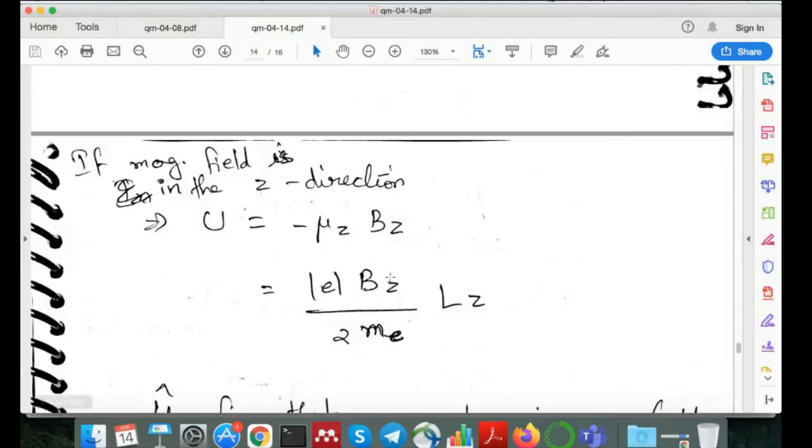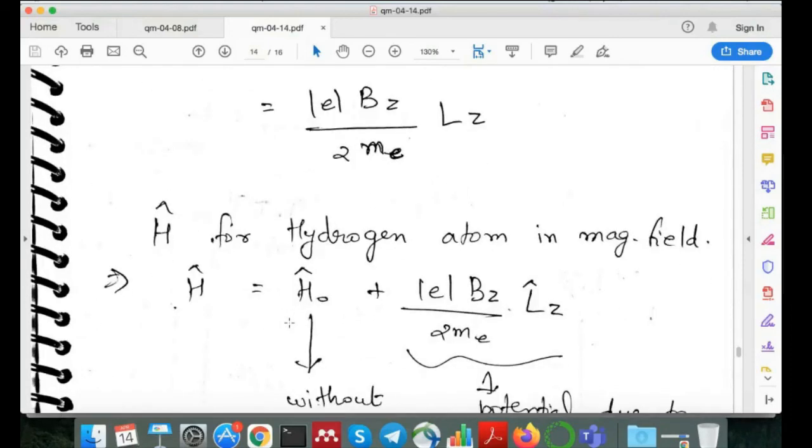Now this is your potential, which means that in your Hamiltonian, minus h cross square by 2m del square plus V, wherever that V part is, you will put this particular potential. So your Hamiltonian for the hydrogen atom now will have this additional term.